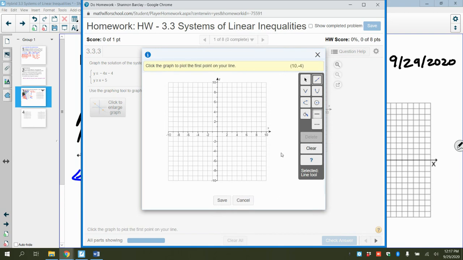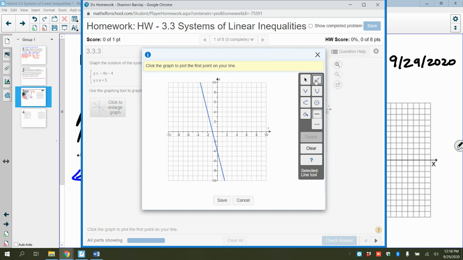So we'll need to use the line tool. My first one had a y-intercept of -4. I can plot that and a slope of -4. So I had to go 1, 2, 3, 4 over 1 right here. All right, so I got my first line.